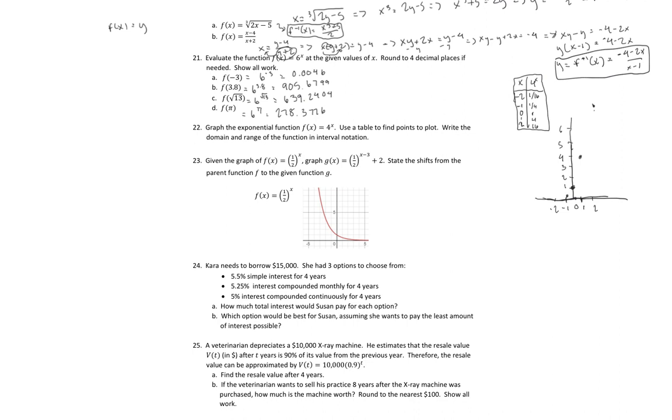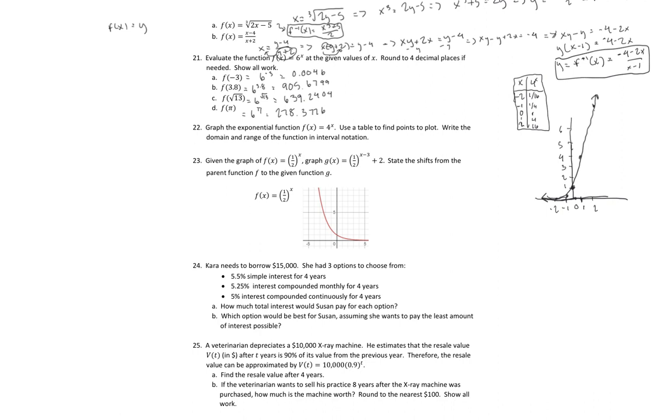And then -2 is going to be even lower than that, so down here. If we graph this and connect these points together, we'll see that it makes a little exponential curve like that.